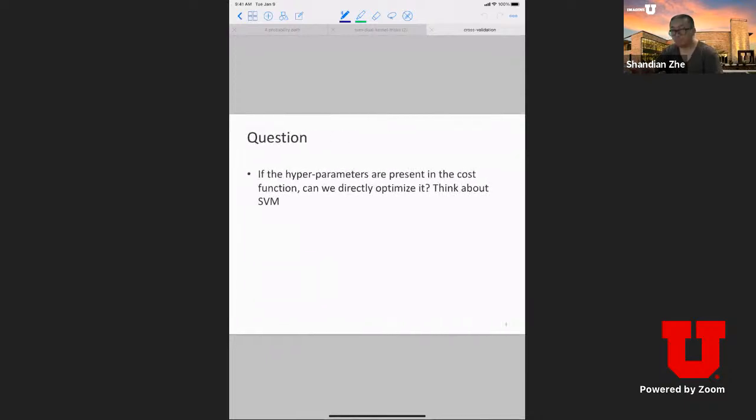How to do it? First, I want everybody to think about this. Why don't we just optimize the hyperparameter like the other parameters, like W and B? Take the objective of the support vector machine as an example. For simplicity, I just use the primal form, where the objective is the regularizer plus C times the hinge loss, max of 0 and 1 minus y times the function margin.